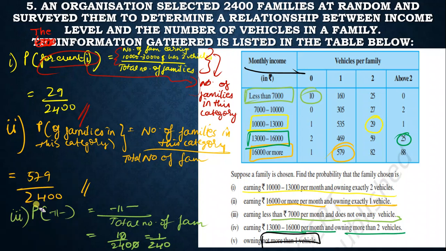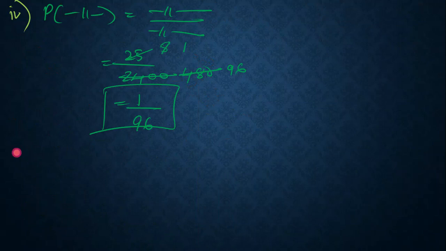Such questions are very tricky, I understand that too, but you need to understand what the question is trying to say. Owning not more than one vehicle means one vehicle and beneath that, right? So the minimum is 0, maximum is 1.